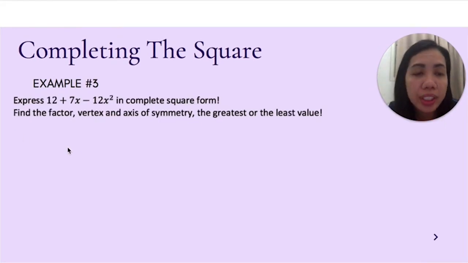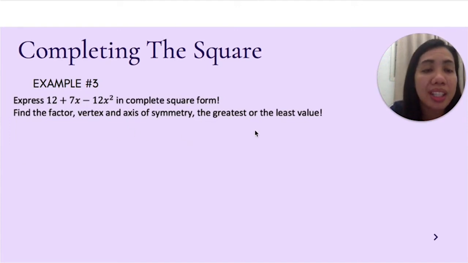Okay, let's continue to example number 3. In this example number 3, actually the same kind as example number 2: express this quadratic expression in completed square form, and then find the factors, the vertex, axis of symmetry, and the greatest or the least value.